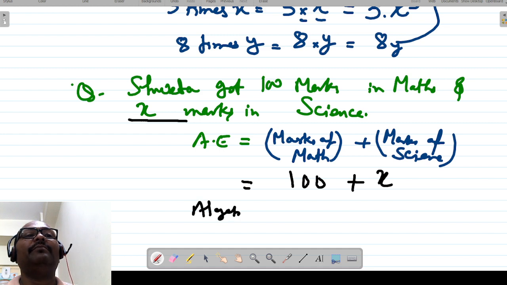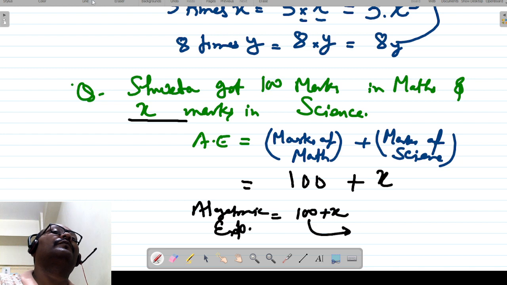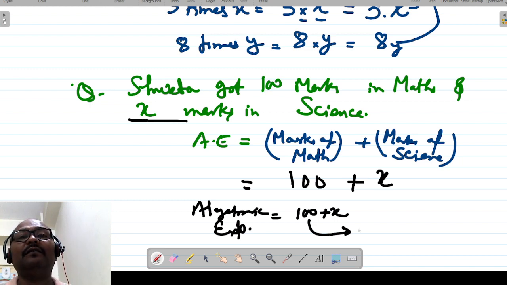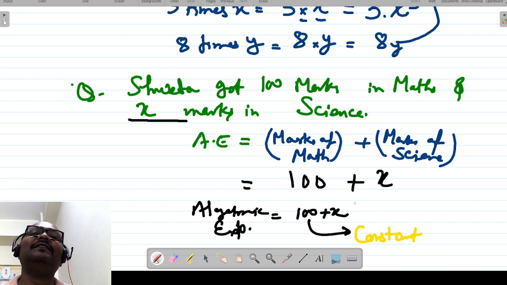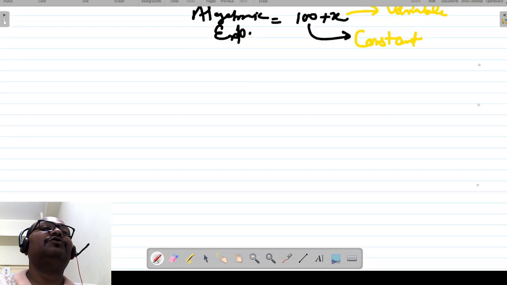The algebraic expression will be 100 plus x, where 100 is a constant, yes, what we already learnt initially, and x is the literal, or we can say variable also. Fine. So I think we are done with the multiple questions. Let us do some more to have better clarity on those.